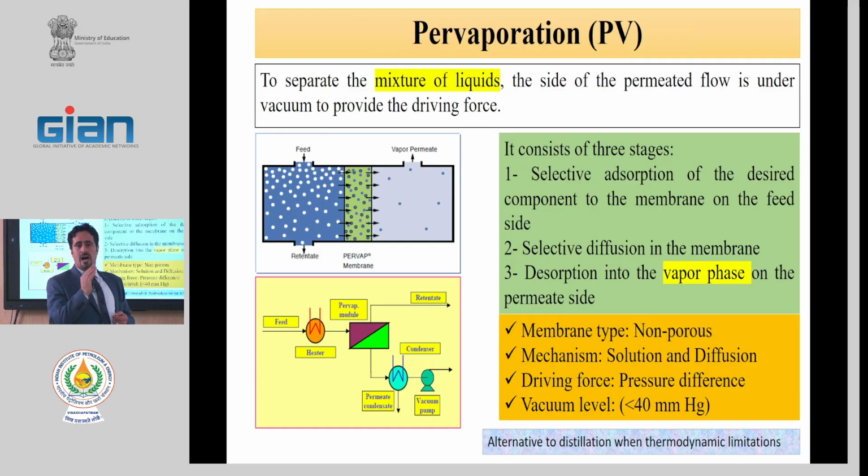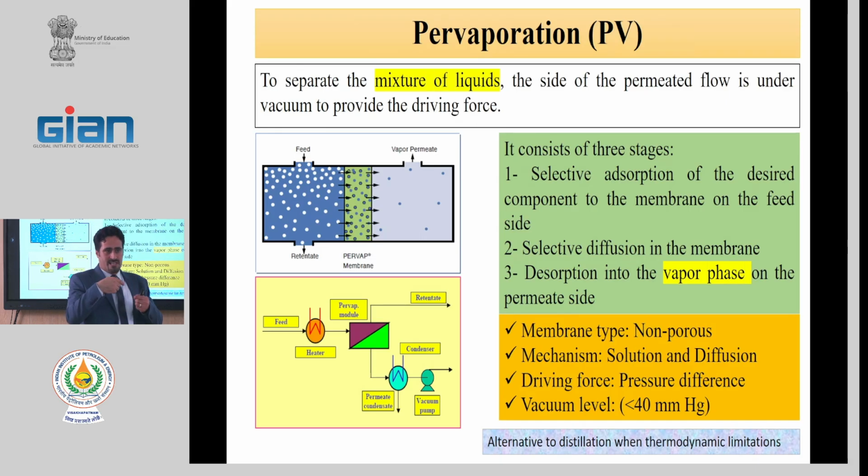If we want to separate water from a solvent, for example, we have hexane with 1% water, and we want to remove the 1% water from hexane, we use hydrophilic membranes so that water passes and hexane does not pass because hexane is organic.